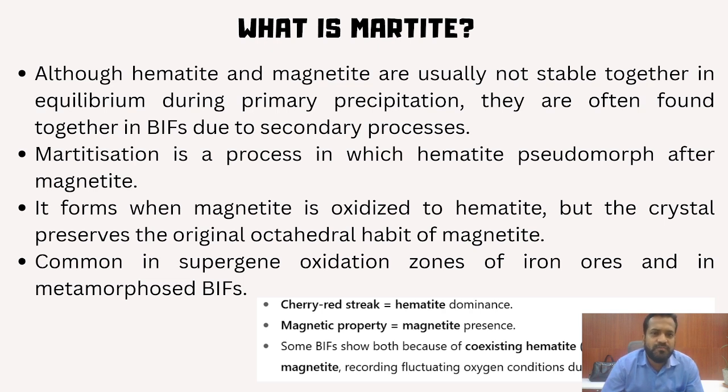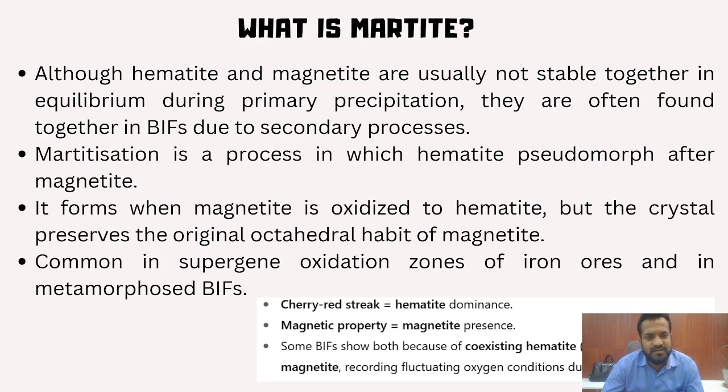Although hematite and magnetite are usually not stable together in equilibrium, there is a certain secondary process called martitization, in which hematite pseudomorphs form after magnetite. So in overall outline and crystallinity it appears just like magnetite, but when you make a streak, it gives a cherry red streak.